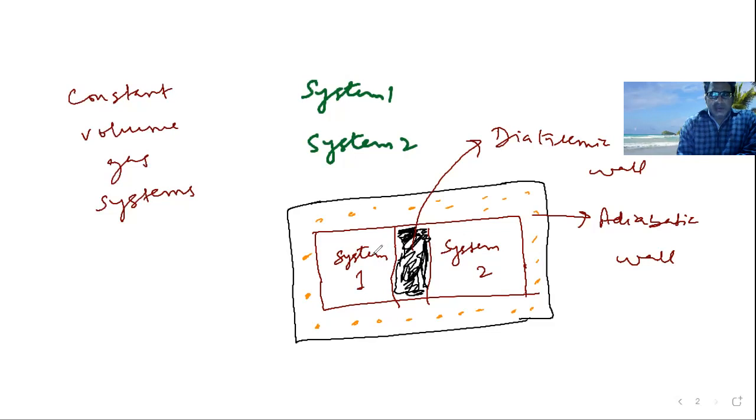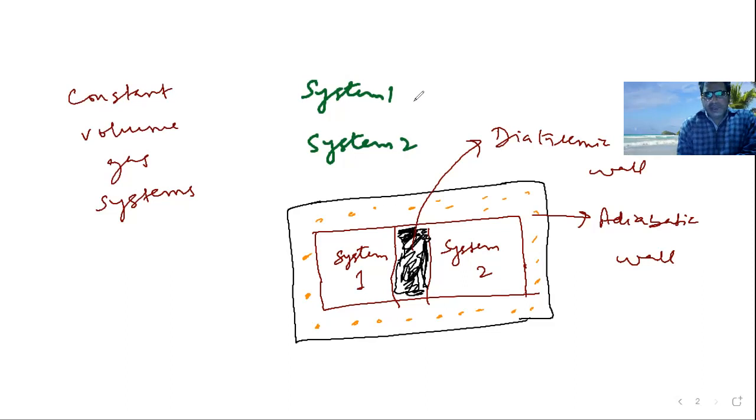The pressure of one system will decrease and the pressure of other system will increase. So when they are in thermal equilibrium with each other, these macroscopic variables will stop changing. When it stops, we see they are in thermal equilibrium with each other.